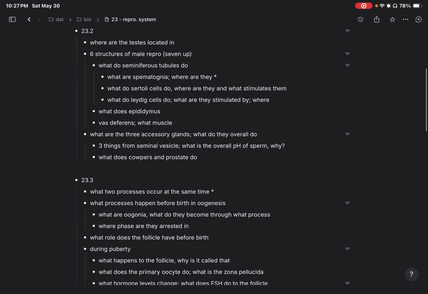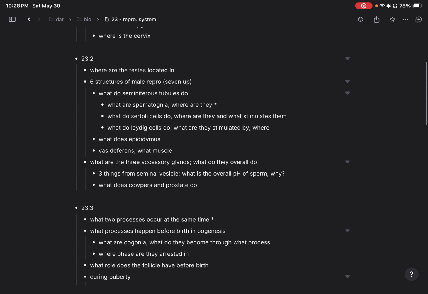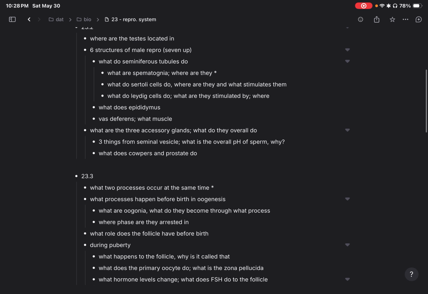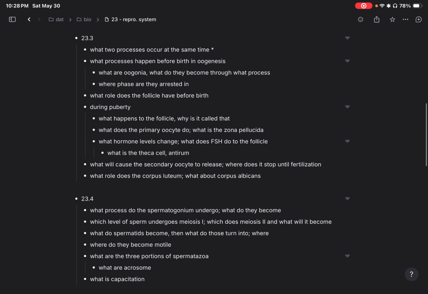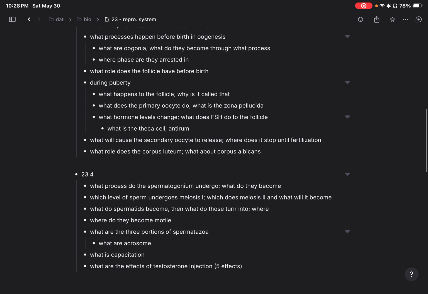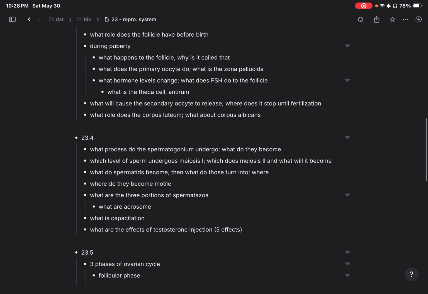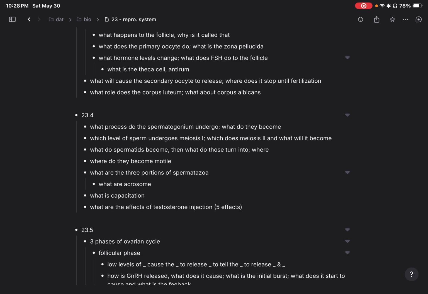Spermatogonium and spermatogonia are different things, right? Because oogonium are different than oogonia, I think, right? Dude, I need to know this much, bro. So what process do spermatogonium undergo? They'll undergo mitosis to replicate.